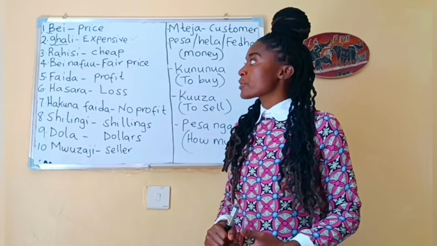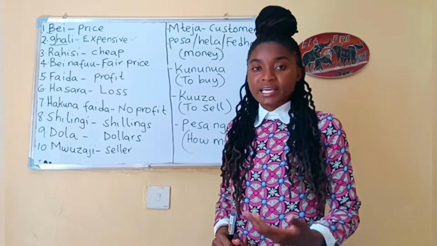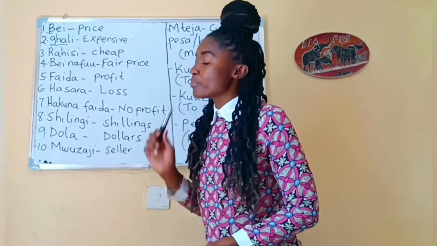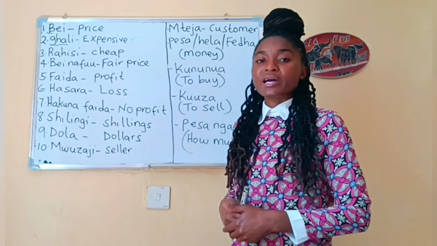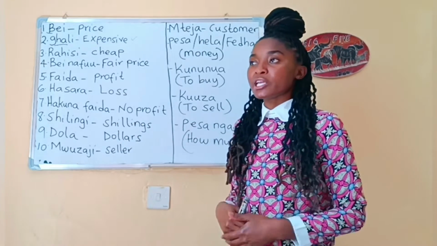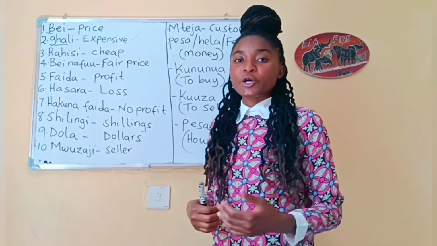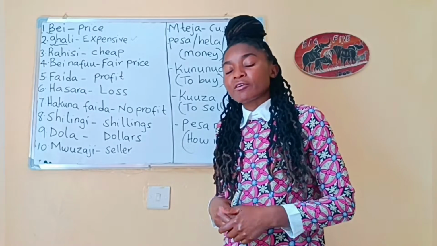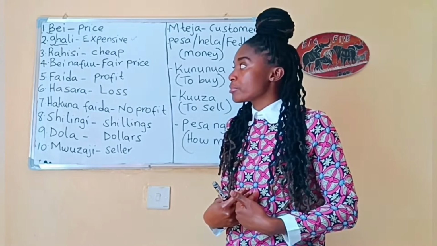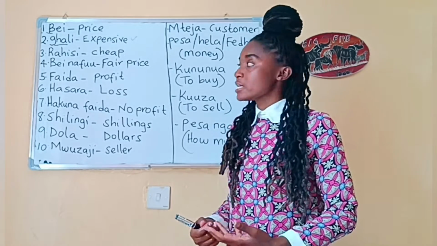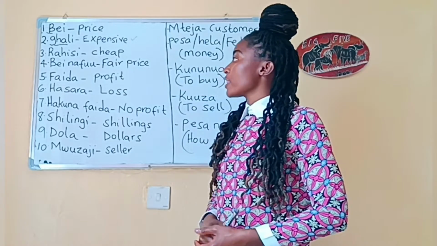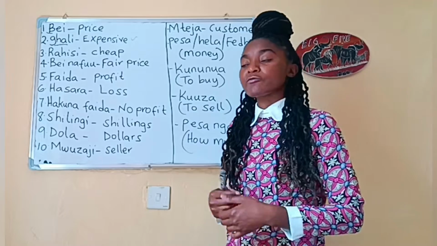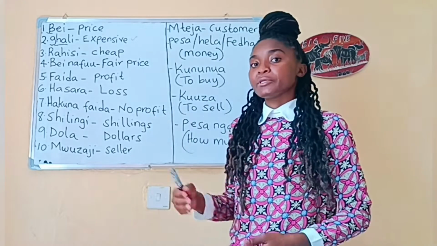So you can say bei rahisi, meaning the price is cheap. Someone might tell you $10 and maybe you thought it was $20 and above. So for you, it can be cheap.